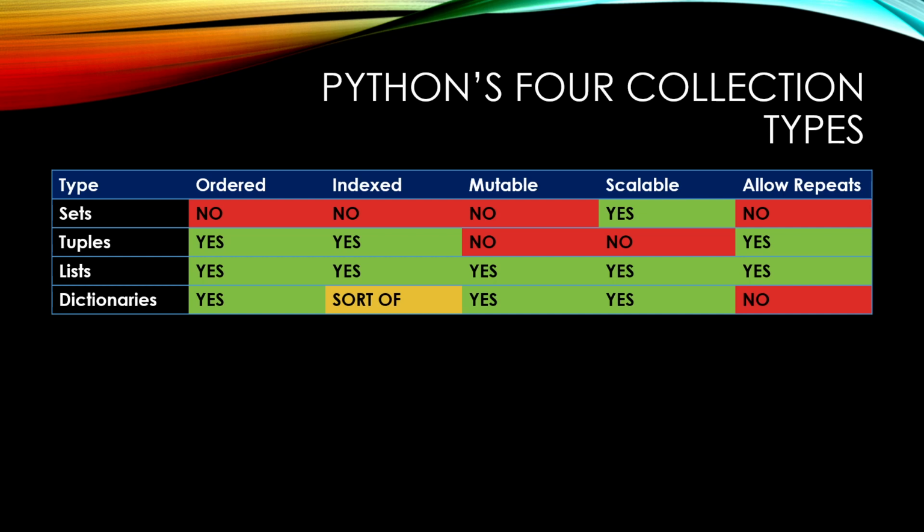They are ordered, indexed, mutable, scalable, and they allow repeats. This is the main one that I want you to focus on in this class, that and dictionaries. Dictionaries do not allow repeats, kind of. So we'll talk about what I mean by that. We'll also talk about what we mean when we say that they are sort of indexed.